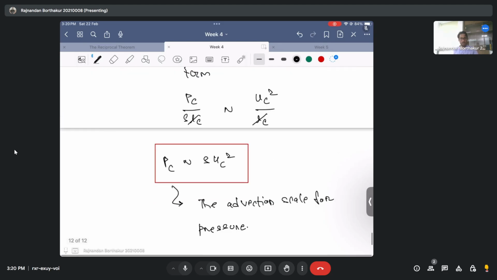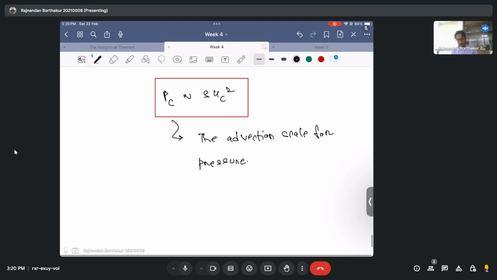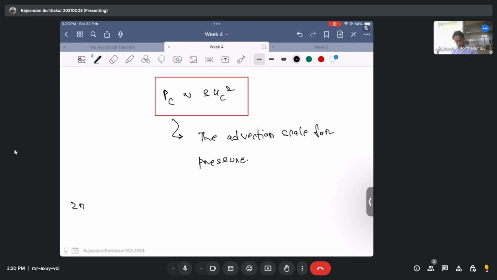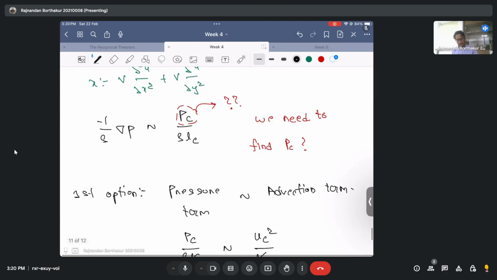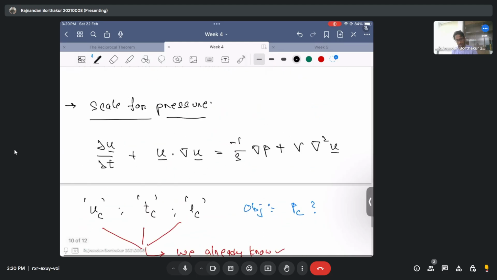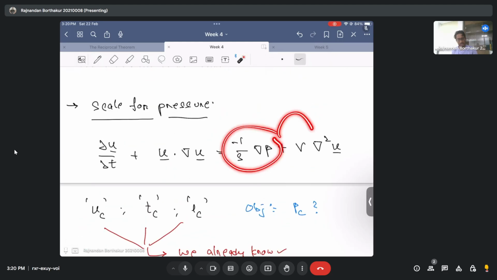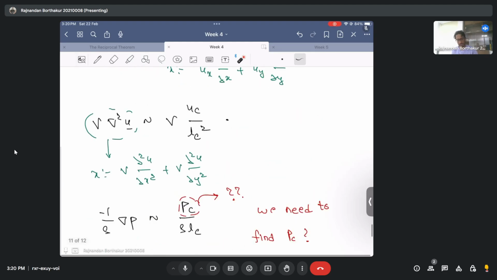Now I also have the second option. In the second option, my pressure term can also scale as the viscous term, which is basically nu times del square of u. Let's see what we get.